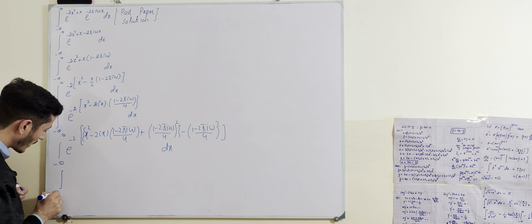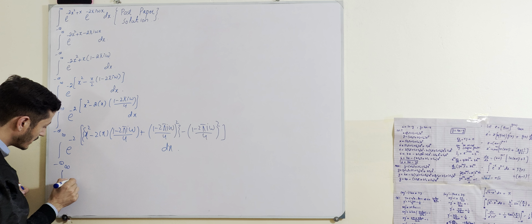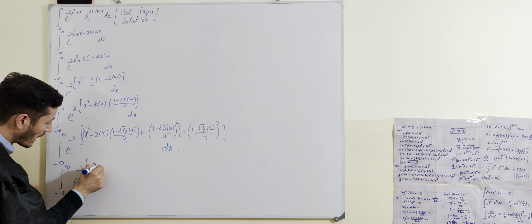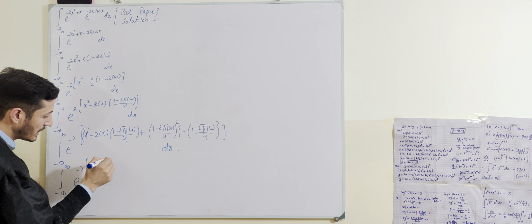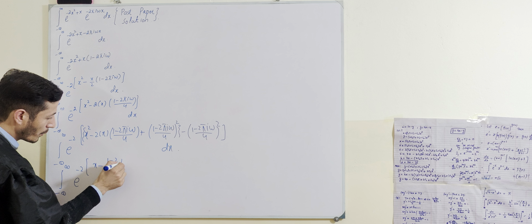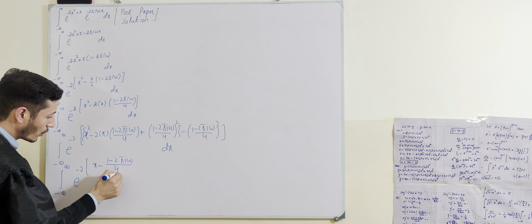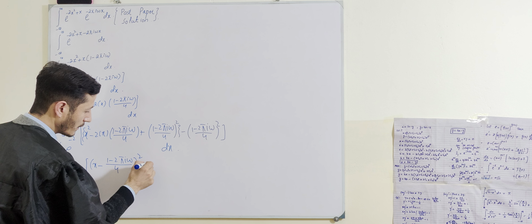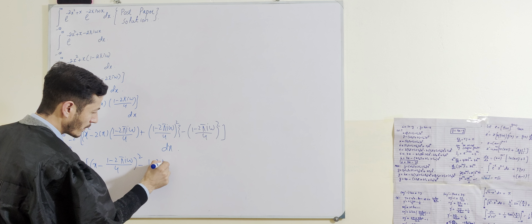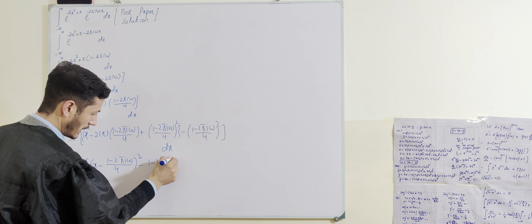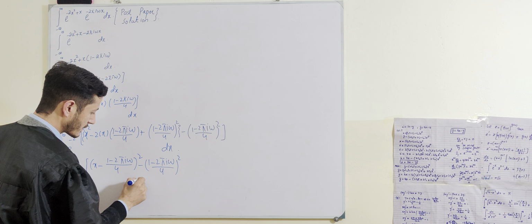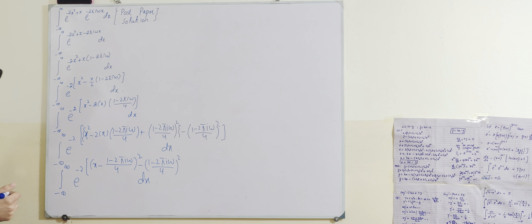It looks like the integral from minus infinity to infinity of e^(-2((x - (1 - 2πiω)/4)² - ((1 - 2πiω)/4)²)) dx.